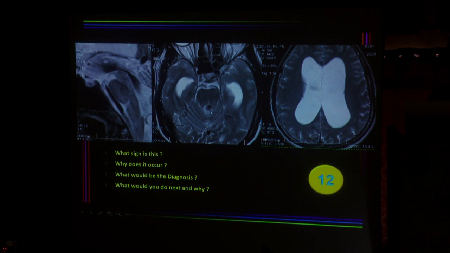So basically in CSF flow velocity imaging, the CSF flow velocity may be more than 12 centimeters per second in NPH patients. The stroke volume depends upon the machine that is used, whether it's 1.5 Tesla or 3 Tesla, but earlier by Bradley, it has been said to be more than 42 microliters, but that's not a strict rule. It depends upon the machine used and our population.